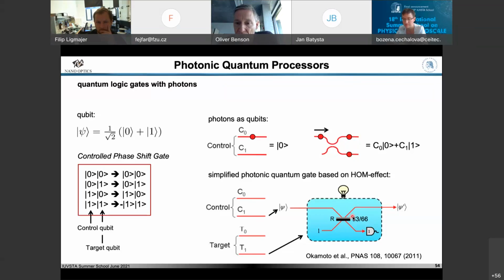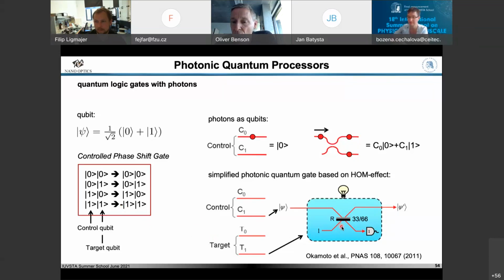Without going into detail, if this is not a 50-50 beam splitter, then it may happen that if one photon is coming here and one photon is coming here, you still have a finite probability that one photon is here and one photon is here. But if it is a 1/3, 2/3 beam splitter, a minus sign is introduced.